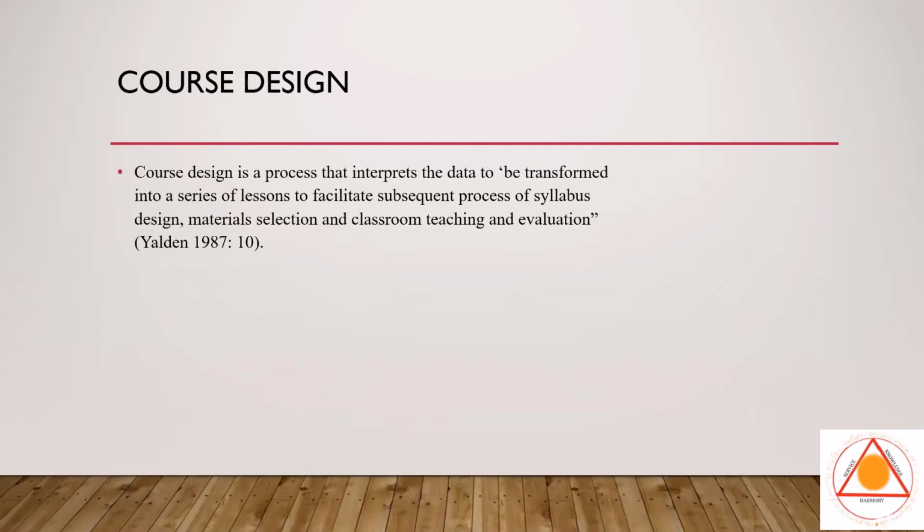So for example, as I said, my students are not able to write compound and complex sentences. That's one. They have some difficulties in active and passive voice. Second, they have some difficulties in concord, subject-verb agreement. And there are students who have problems with the articles, a and the.